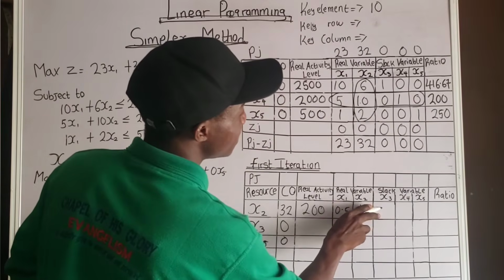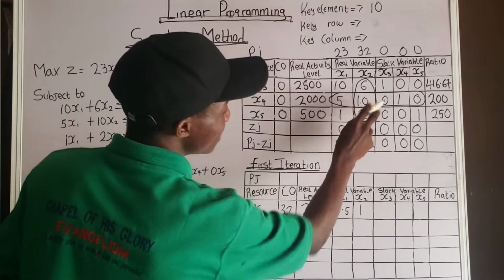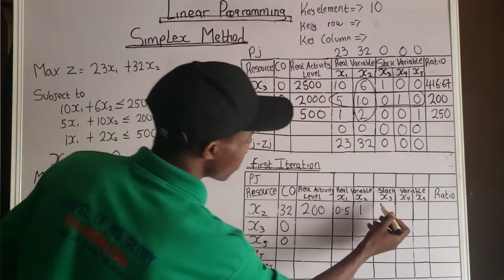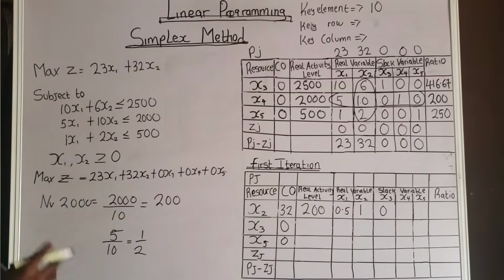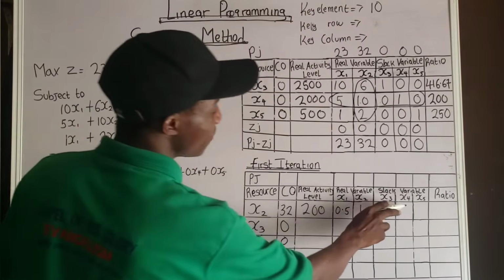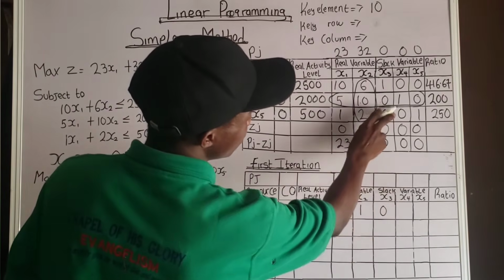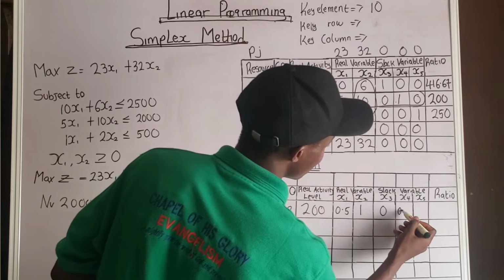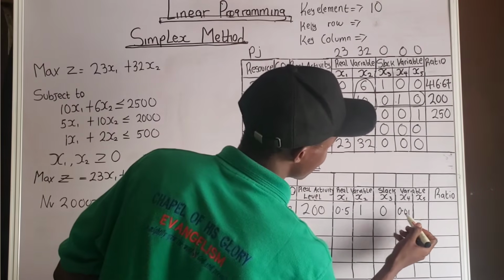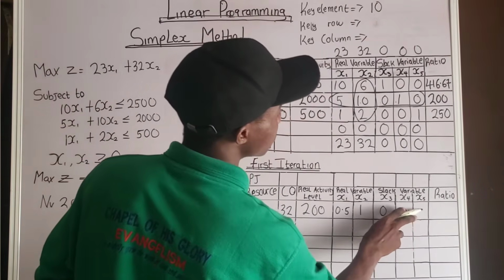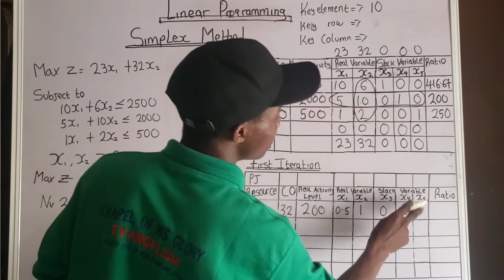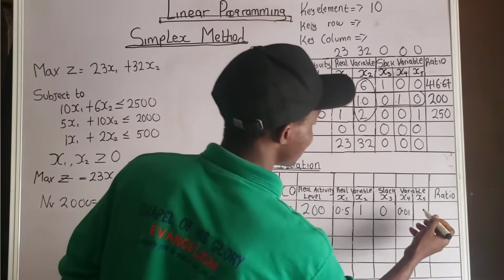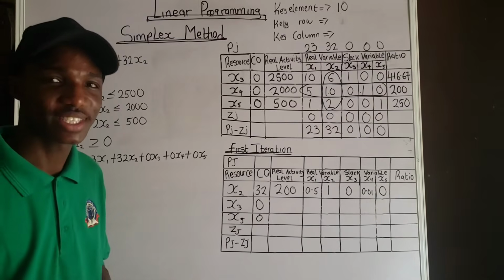To get the new value of these cells, I'm going to have 0 divided by the key element, that is 0. To get the new value of these cells, I'm going to divide 1 by 10, that is 0.01. And to get the new value of these cells, I'm going to have 0 divided by the key element, that is 0. Do you understand?